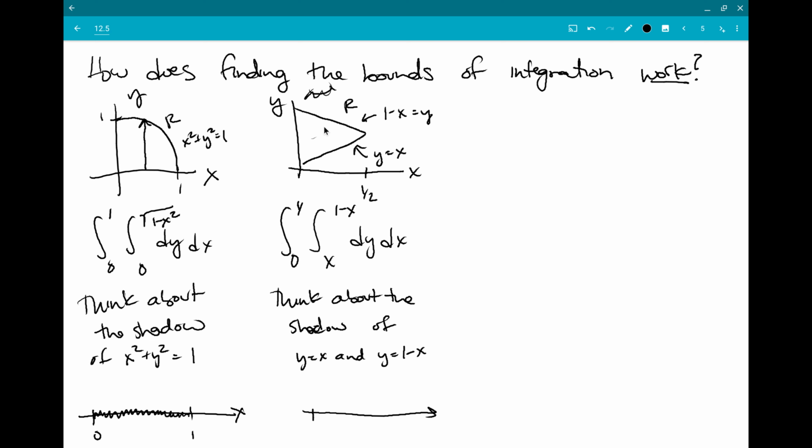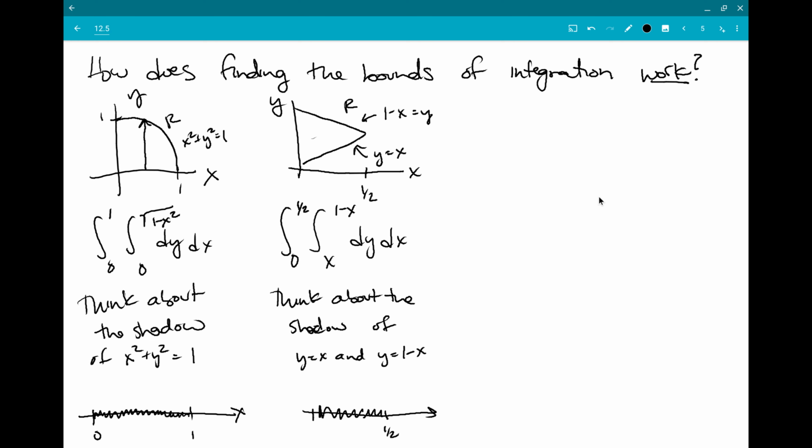And again, it's going to just be blocked out everywhere that the lines happen, and it's going to end at a half. So all this area beneath the shape, the region R, is blocked out. And that gives us our bounds for x, 0 to 1/2.